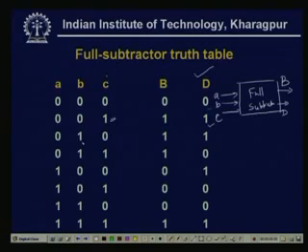Similarly, for 0 minus 1, the difference is again 1 and the borrow is 1, because we have already seen that for 0 minus 1, as if 1 is borrowed from the higher stage, it is actually 1 0.